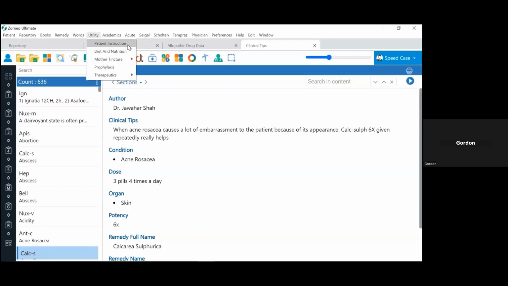Basically, when patients come, along with the medicines that are given, they also expect something more, some extra care to be taken by the doctor. And this is done in terms of regimen instructions, and in terms of diet and nutrition.